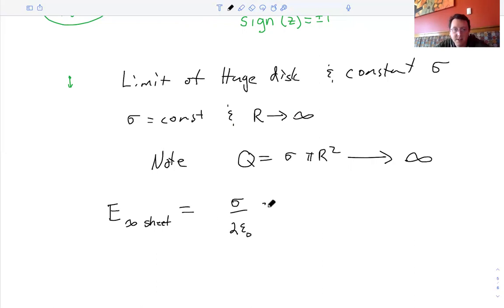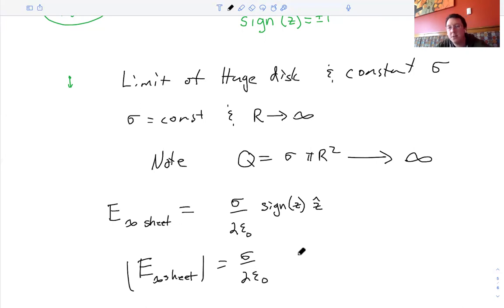I guess I should multiply by the sign of z, plus or minus 1, times z hat. Or usually people just write the magnitude, sigma over 2 epsilon naught, and then you can just look at it and see whether it goes up or down.